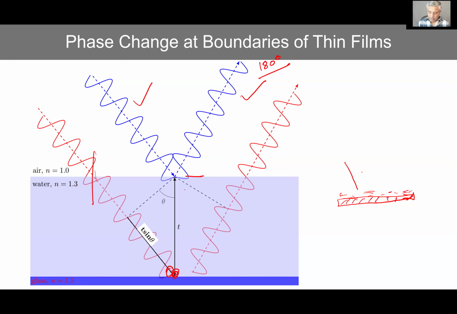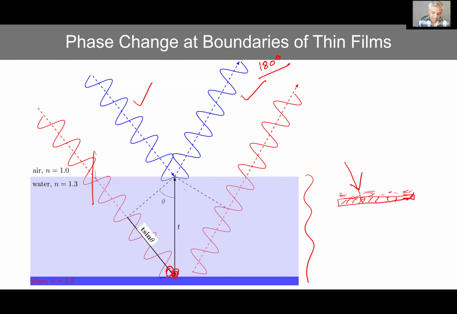A light ray arrives here. This thickness is really large as I'm showing it here. A thin film means it happens in micrometers, but to visualize it, I'm making it way larger than usual.